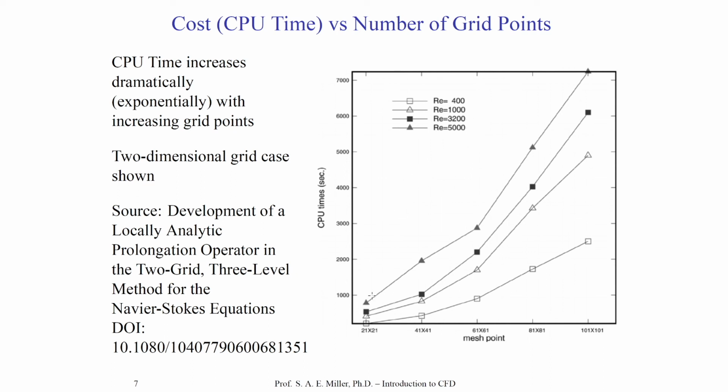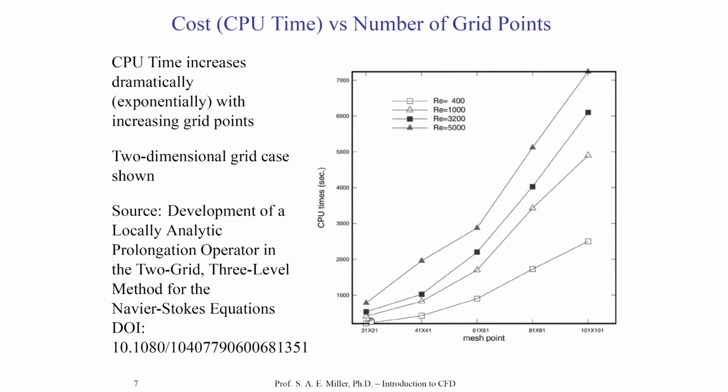And then the amount of computer time for each particular grid and Reynolds number are used to find the solution with that particular grid. They are connected by lines for each particular Reynolds number. As you can see, for the lowest Reynolds number, the amount of time the CPU takes in seconds to solve the problem using the corresponding mesh increases, of course, with increasing mesh count.